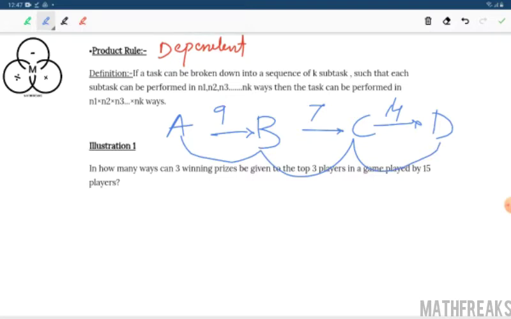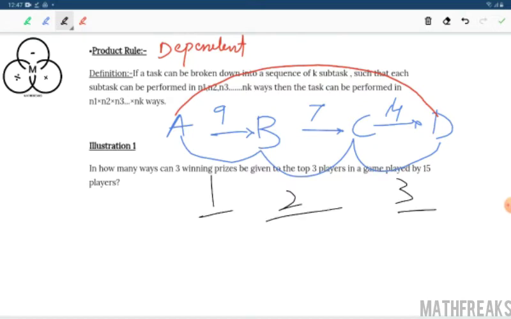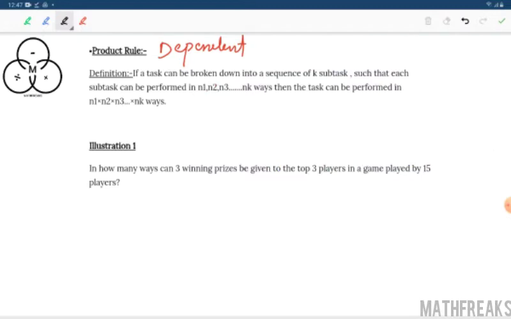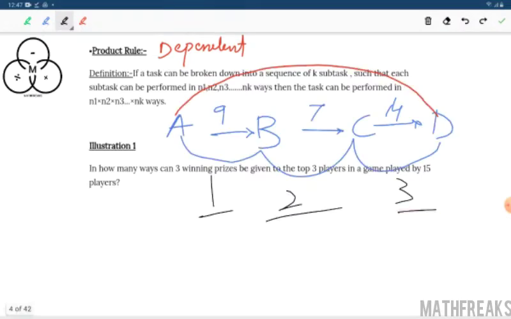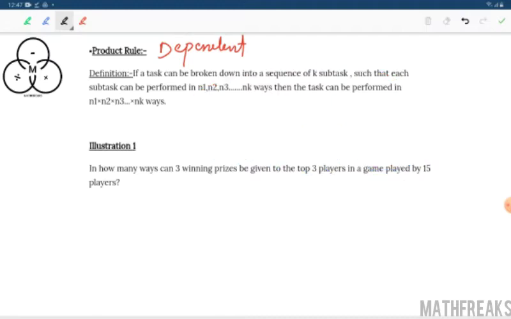So the entire task of going from city A to D has been broken down into 3 sub-tasks, which are dependent upon each other because they are happening in a sequence. That is the definition of the product rule.